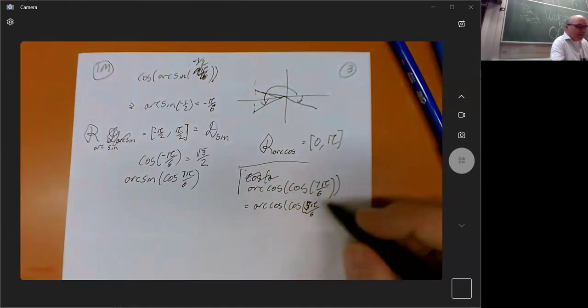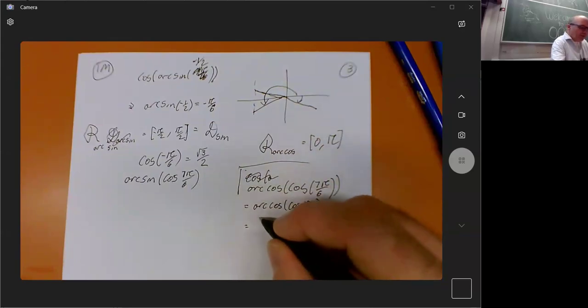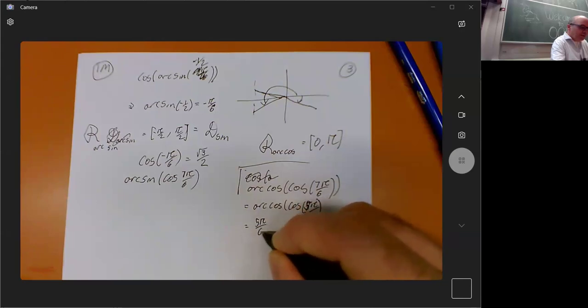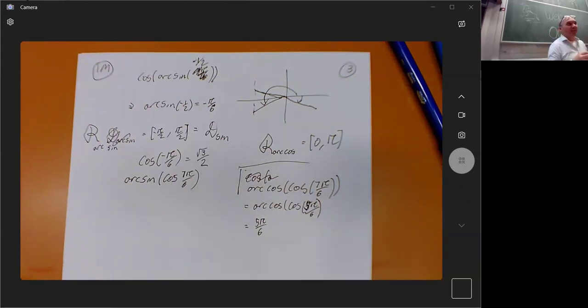And so that's why I do that. And because this is in that range, that's just going to be equal to 5 pi on 6. So having the calculator tell you the correct answer means that you can make sure you don't make a mistake like that. It's a very common thing to do, and too easy to make that mistake. So we're literally going to watch for it.